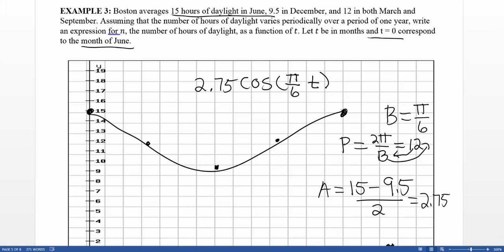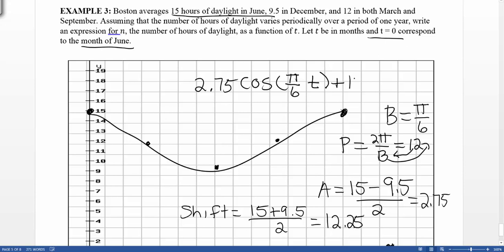Now I have to figure out if it was shifted. This is certainly not symmetric about the x-axis. Instead, I'm varying between 15 and 9.5. I can figure out my shift either by reasoning through it or using the shortcut. If I use the shortcut, then my shift is the maximum plus the minimum, so 15 plus 9.5, divided by 2, which gives 12.25.